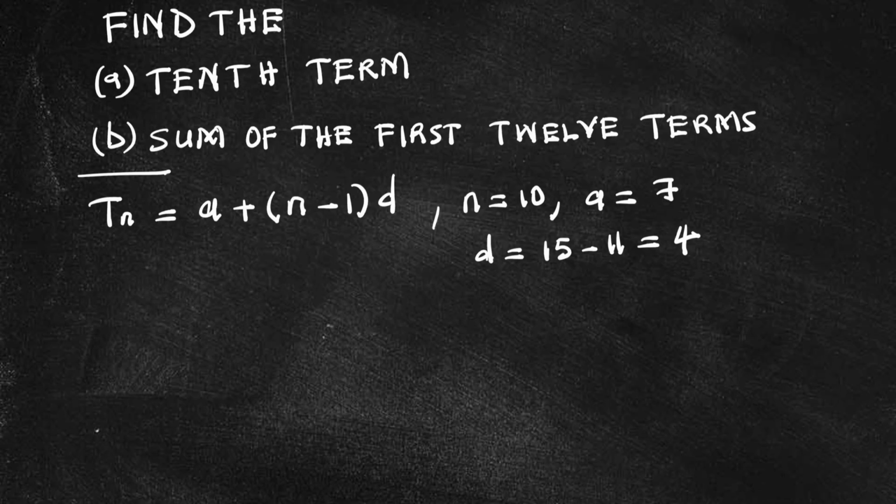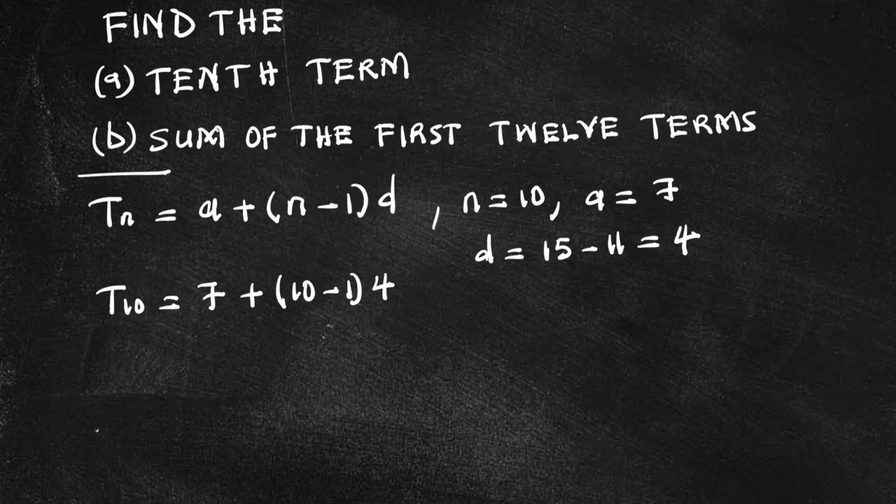So our T10, the 10th term, is the first term a, 7, plus n, which is 10, minus 1, multiplied by d, which is 4.